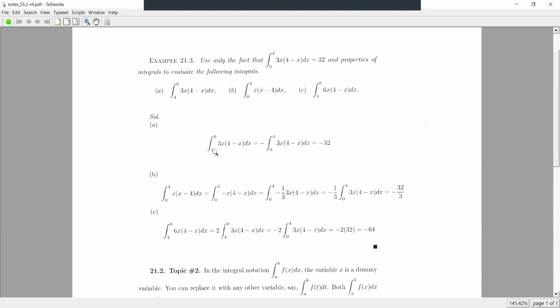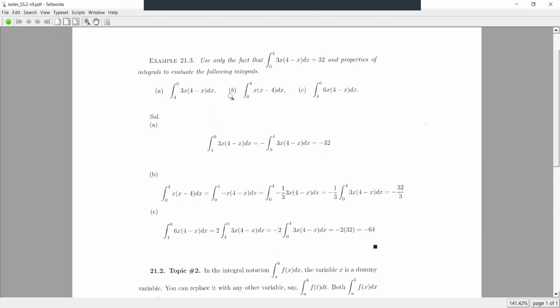When we switch the integration limits, don't forget to add a minus sign. Okay, so this integral is equal to negative the given integral, which is 32. So negative 32 is the answer to part A.